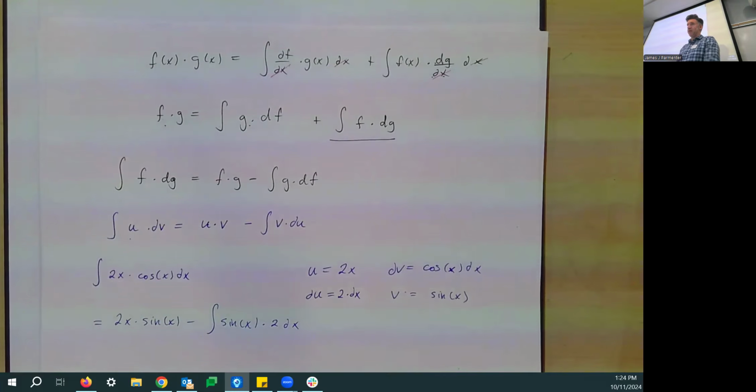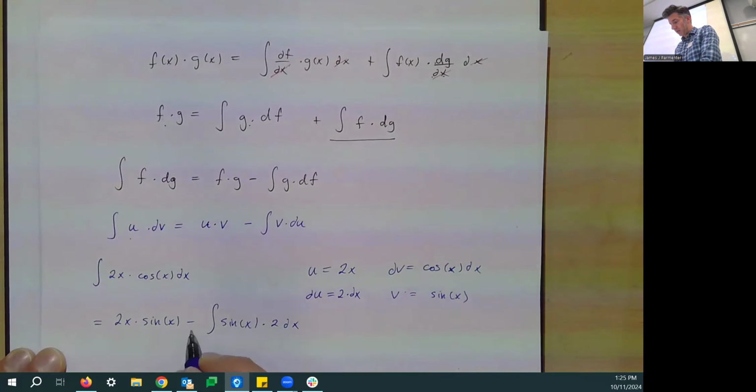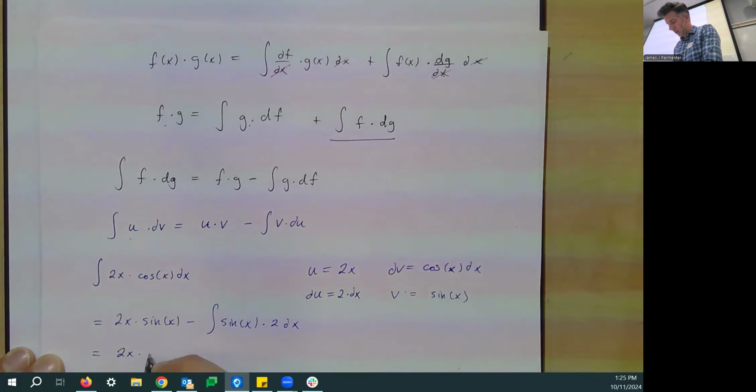We could think of the 2 being on the outside of the antiderivative. It doesn't really matter here. But then we're going to anti-differentiate this easier thing now and say we get 2x times sine of x minus 2 times the antiderivative of sine, which is negative cosine.